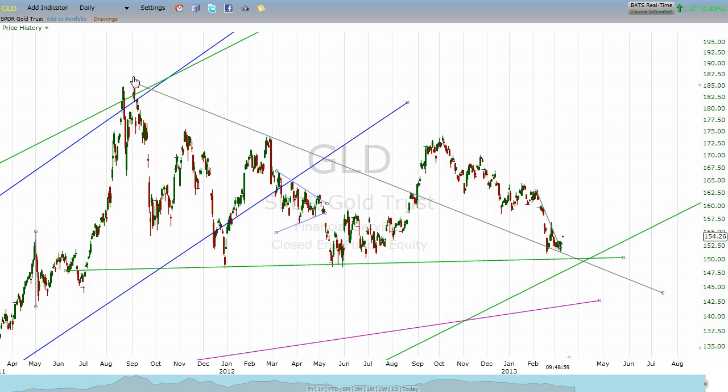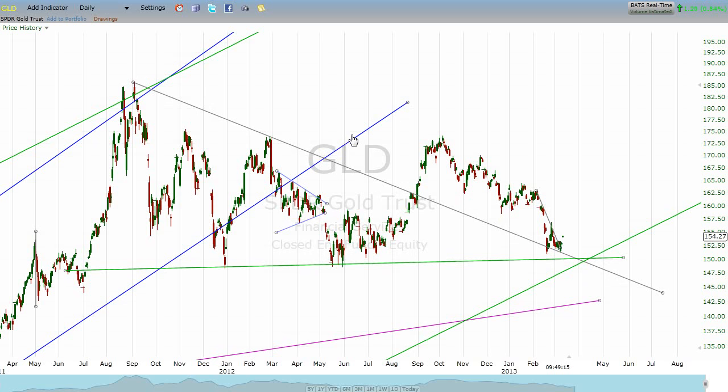And we have these 2 peaks on this gray line right here. By the way, there's another little symmetrical triangle that served to continue the move down after that blue channel broke.